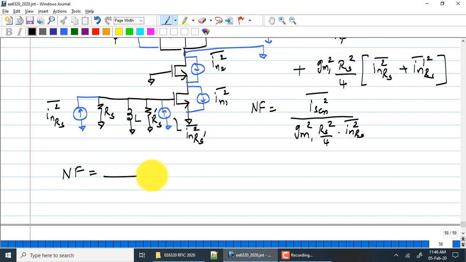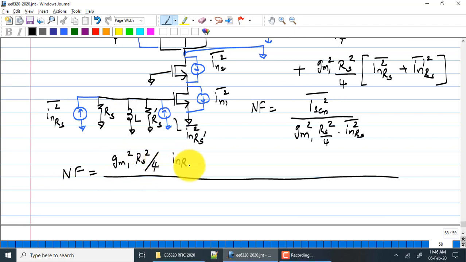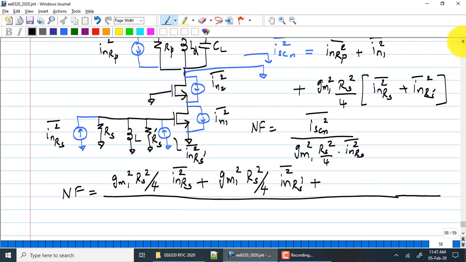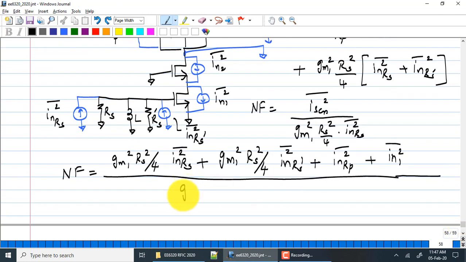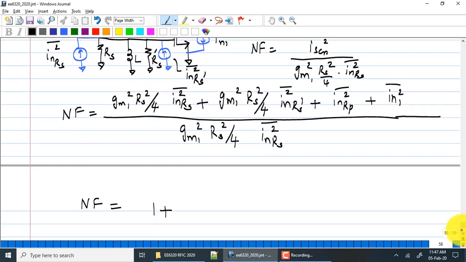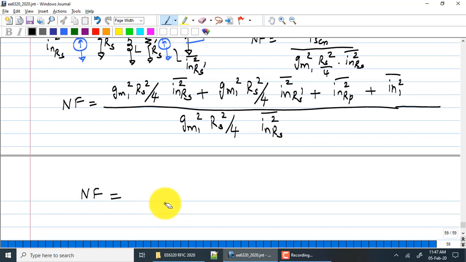Well, maybe I'll write it so that I don't skip a step. In fact, remember that the magnitude of INRS squared is the same as the magnitude of INRS prime squared.